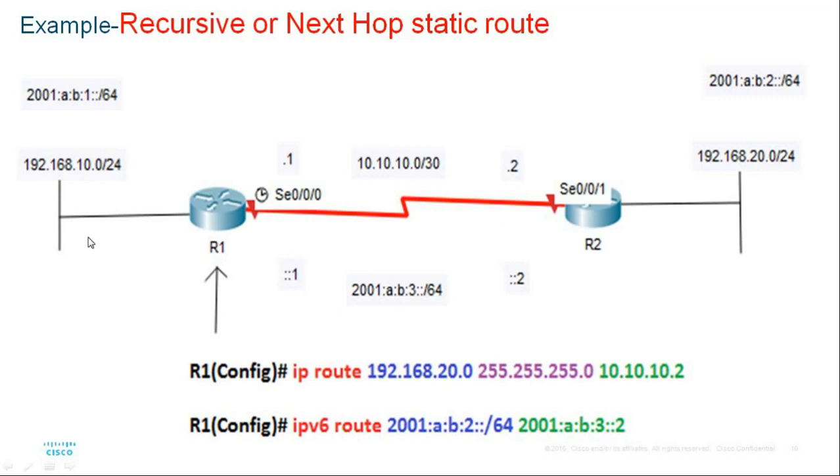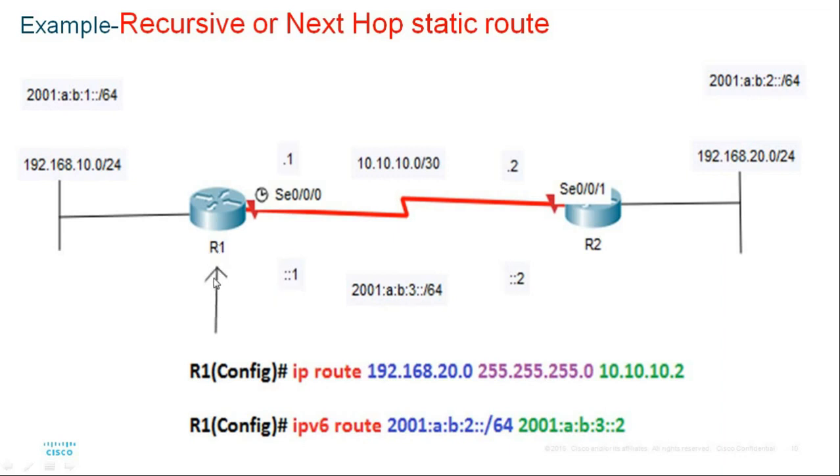Now we go for IPv6. R1 is connecting with this IPv6 global unicast network 2001:A::B:1, router R2 is connecting with the 2 network, and in between R1 and R2 I am going to use the 3 network.